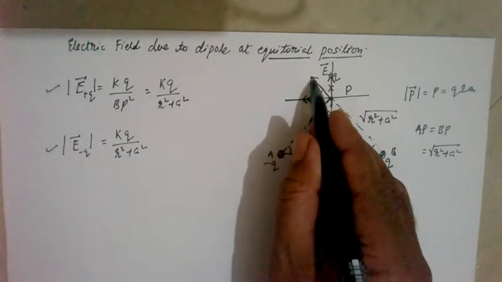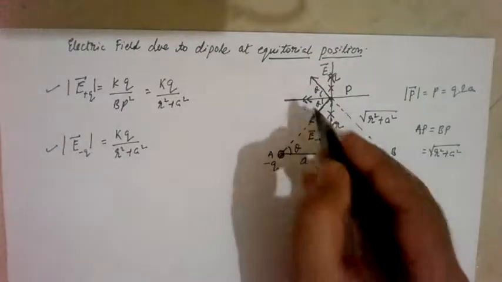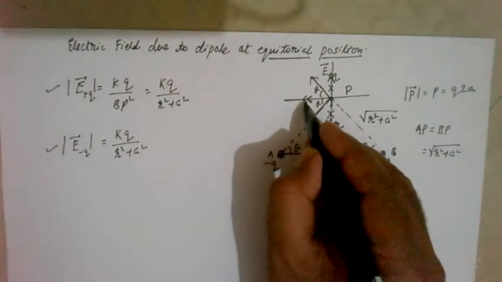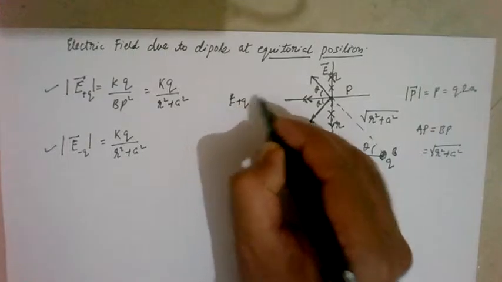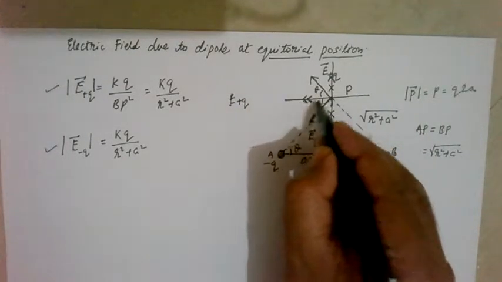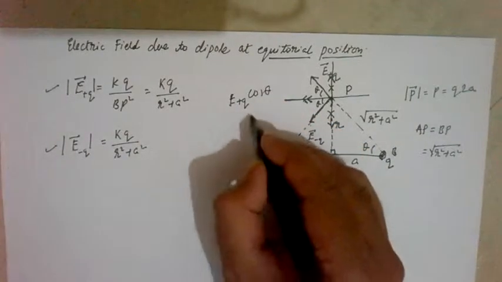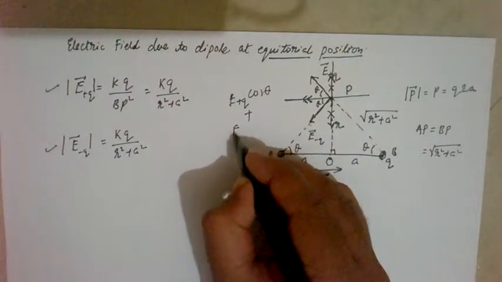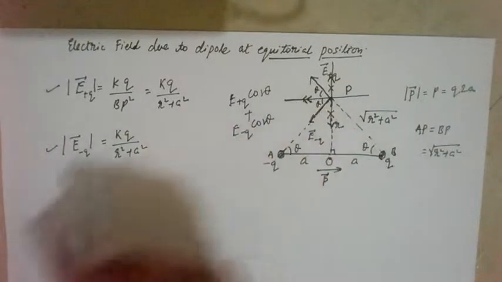The component of this electric field and the component of this electric field are both in the same direction, so they will add up. This component I can write as E plus q, and since the angle is theta, it will be the cos component, cos theta. Similarly for the electric field due to the minus q charge, its cos component.